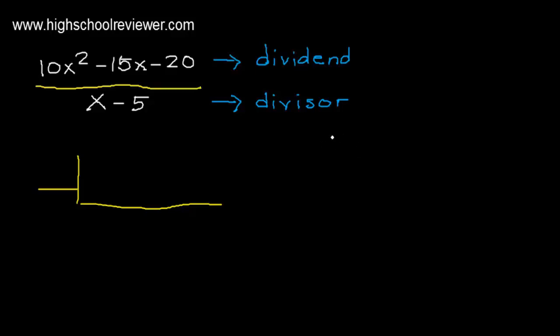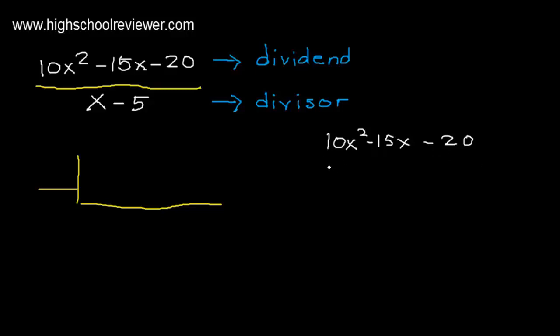Again, let us rewrite here our dividend. We have 10x squared minus 15x minus 20. Make sure that the terms are arranged from the highest exponent to the smallest exponent, and the last term will be the constant.